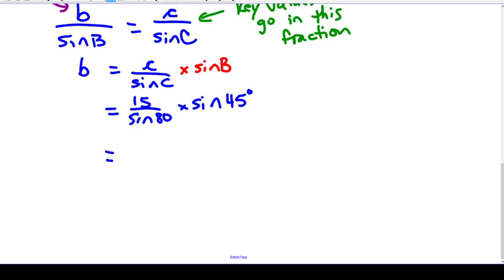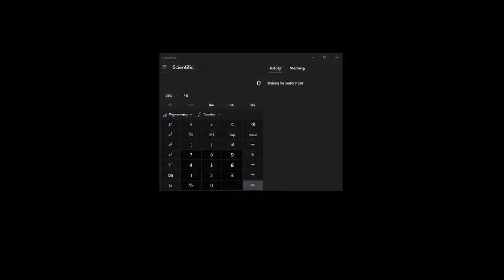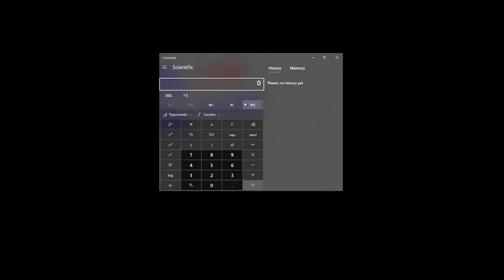So let me pull up my calculator here. We're going to do 15 divided by, and on this calculator I have to do 80 and then press sine. Making sure my calculator is in degrees, by the way. You should always make sure your calculator is in degrees. And then I'm going to multiply that by sine 45.